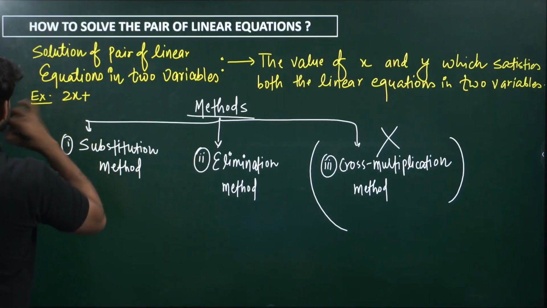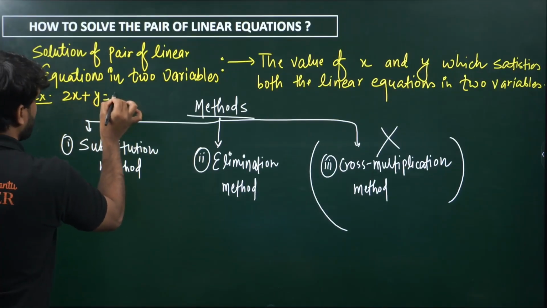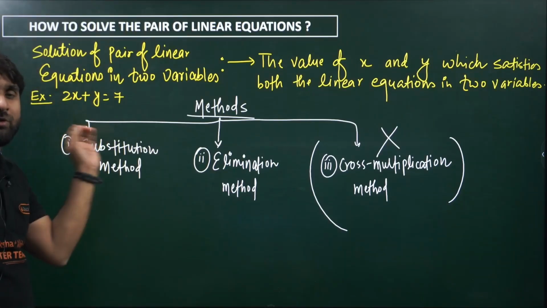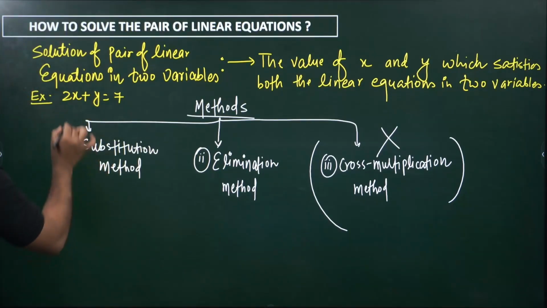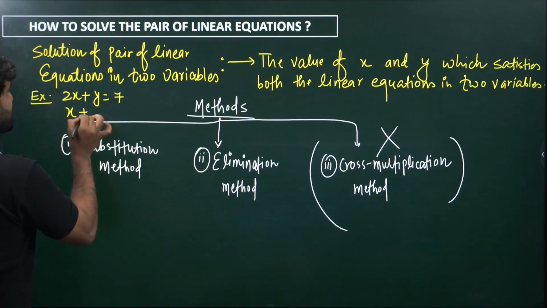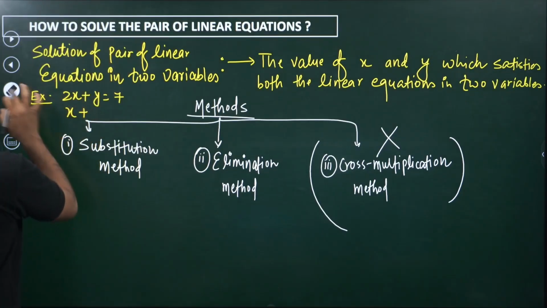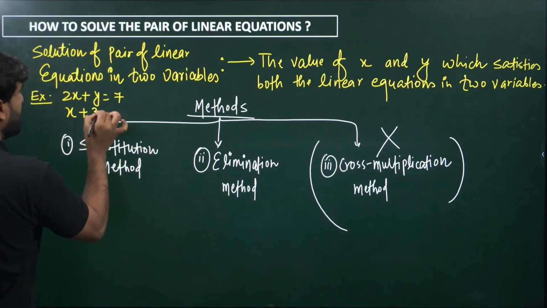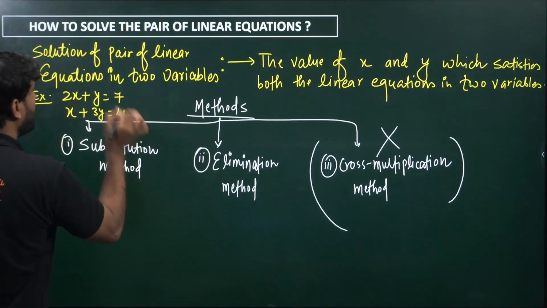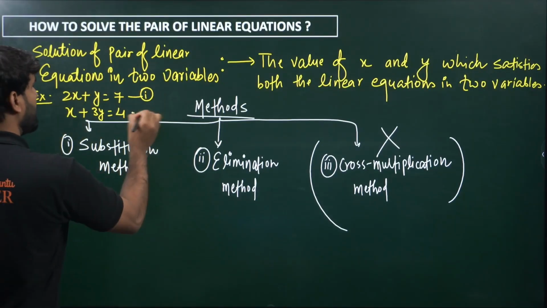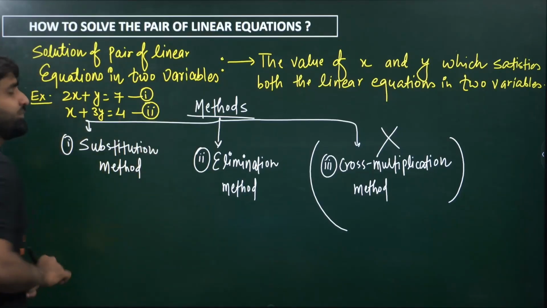First equation, 2x plus y is equal to 7. And I have one more equation, x plus 3y is equal to 4. This is equation number 1 and this is equation number 2.